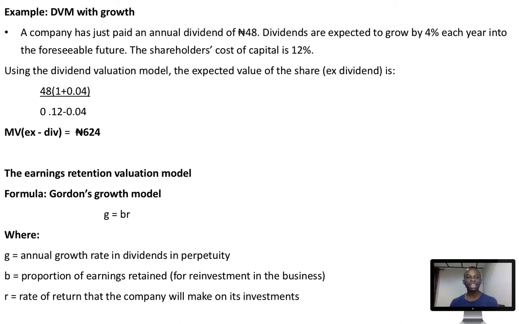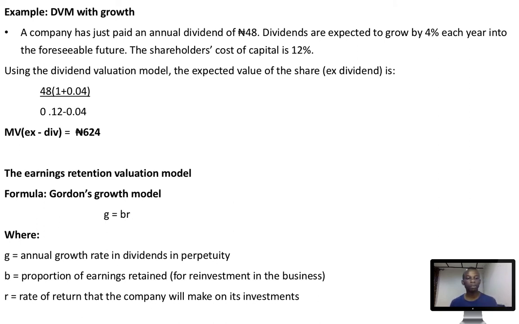If you are going to receive 48 naira into the foreseeable future, what is the value today? Right, so the market value today is 624 naira. So this is the value that the bidder is going to place in the company, if the bidder is using the dividend valuation model to value the company.